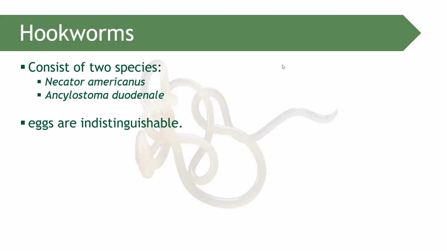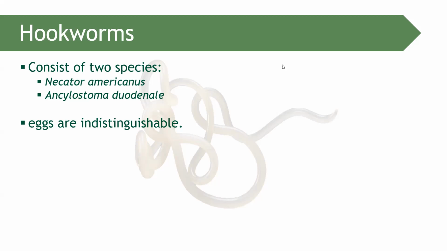Now, even though they are different parasites, even though they have different pathophysiology, the eggs of one another are similar. The eggs are indistinguishable to one another. Okay? So yun na lang yung panlubag loob doon, no? The eggs of hookworms are the same.